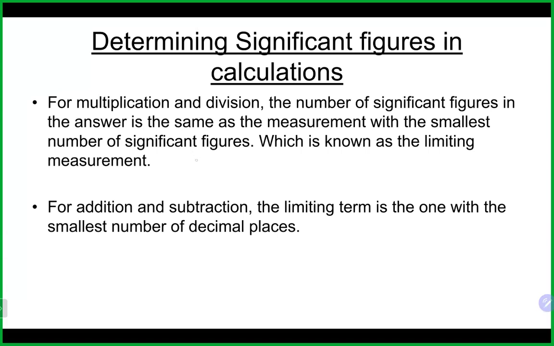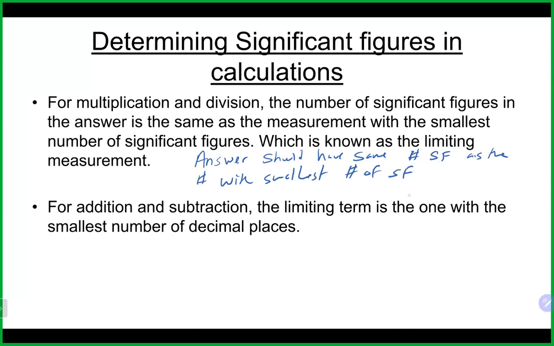If you're multiplying and dividing, your answer should have the same number of significant figures as the number with the smallest number of sig figs. So if you were taking 6.25 and you're multiplying by 1.2, this has 3 significant figures.